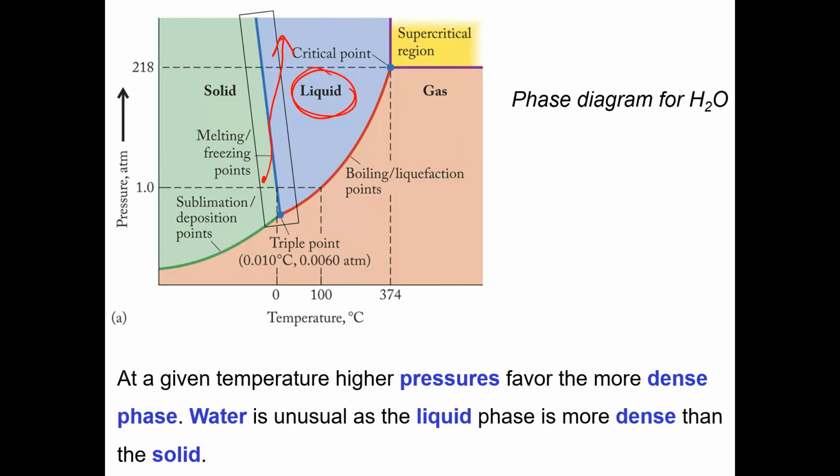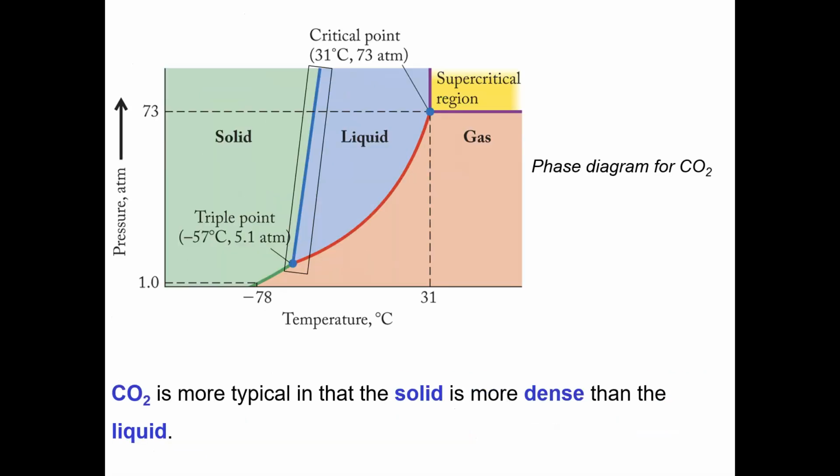And this is unusual. Water is unusual in that the liquid phase is more dense than the solid. More typical would be the phase diagram for CO2, where you can see that the line separating the solid from the liquid leans to the right.